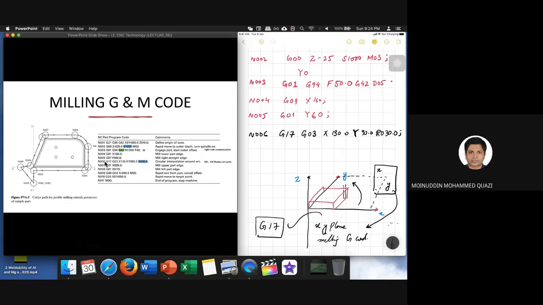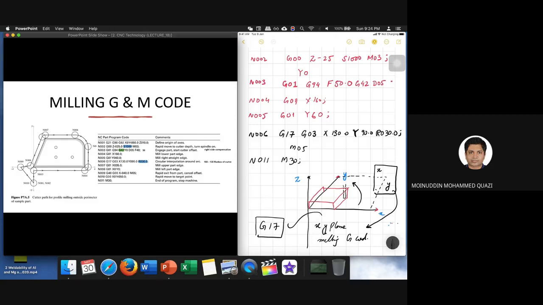After the N006 line, it's straightforward linear interpolation, then point-to-point movement back to the origin, and last but not least, N011 M30, finish the program. M05 stops the spindle.